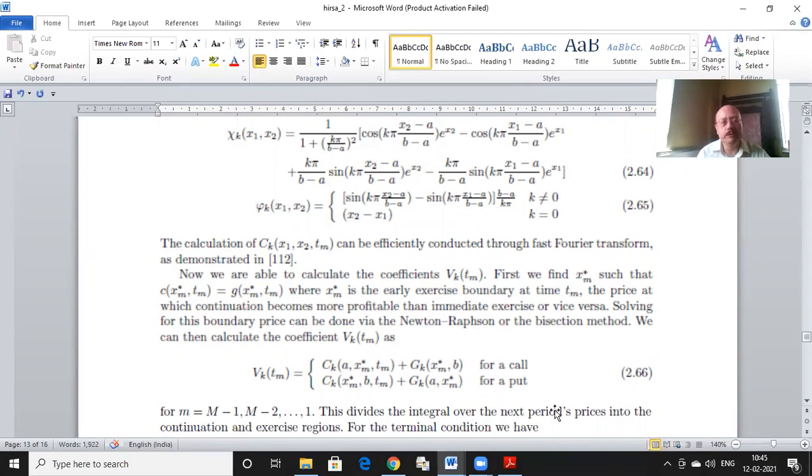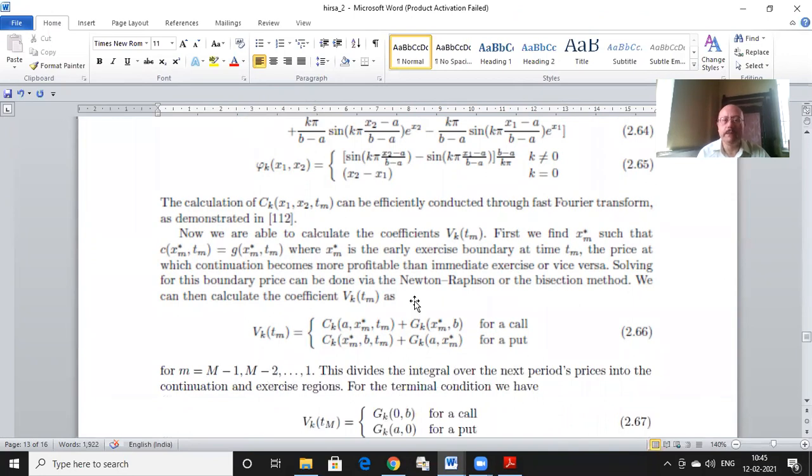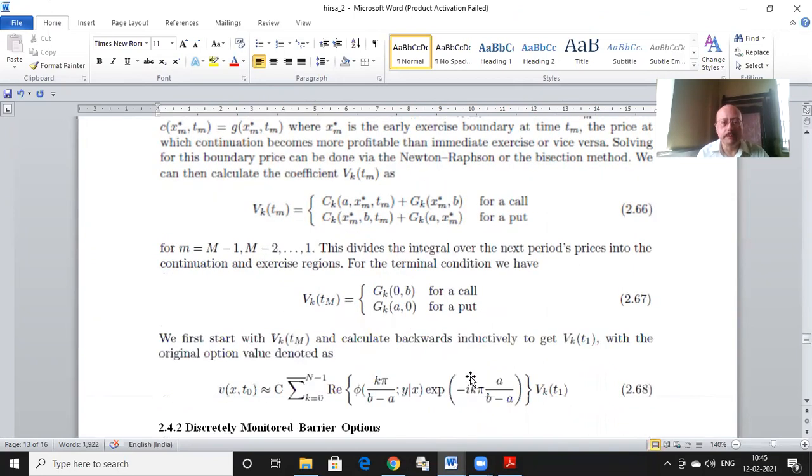And how is this going to start? This is going to start at the last period. So at the last period, T capital M, we are only going to look at the exercise values. Then I am going to use these things as my input into the problem for T capital M minus 1 and so on.